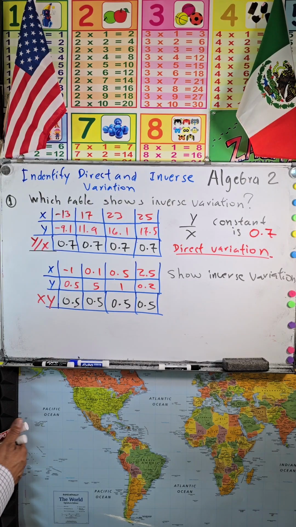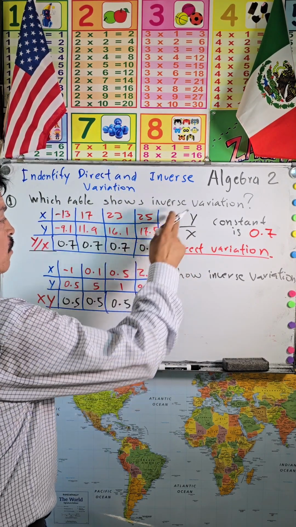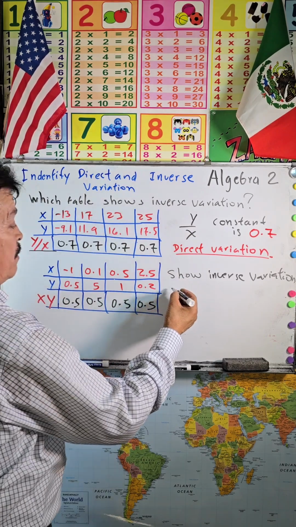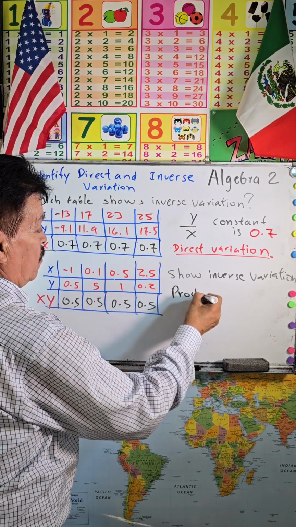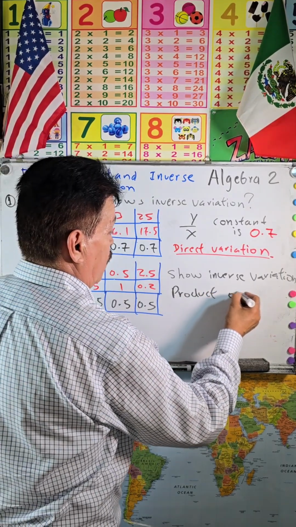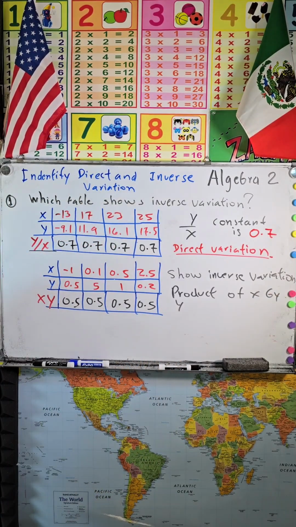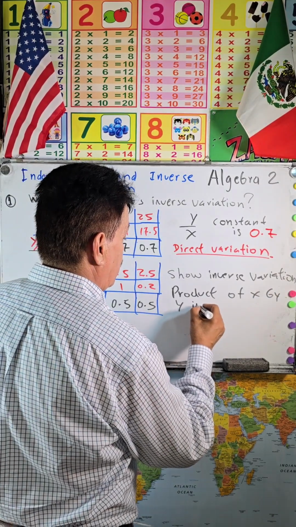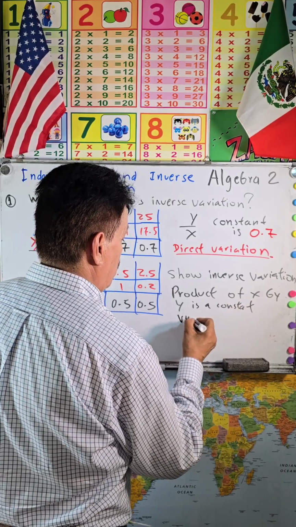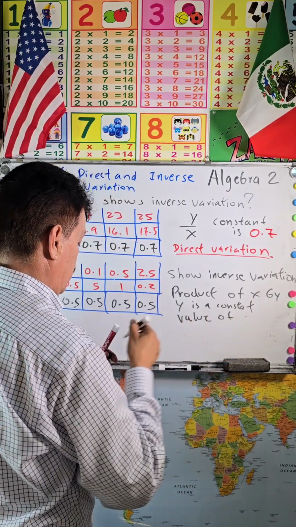Because here you divide, here you multiply. Let me show you, because the product of x by y is a constant value of 0.5.